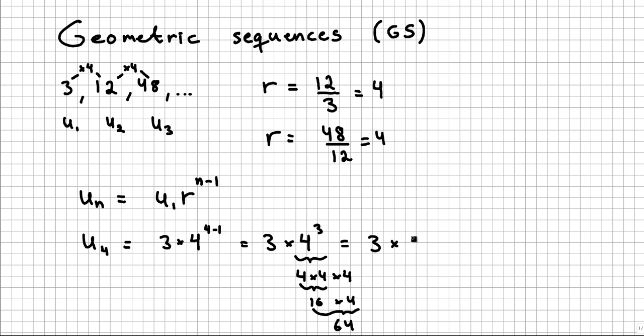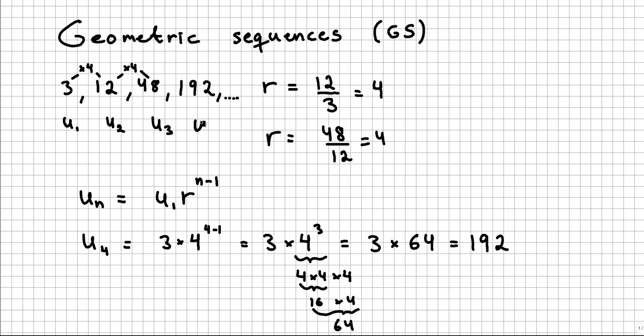So this would be 3 times 64, 192. So the next term in this sequence, the fourth term, would be 192.